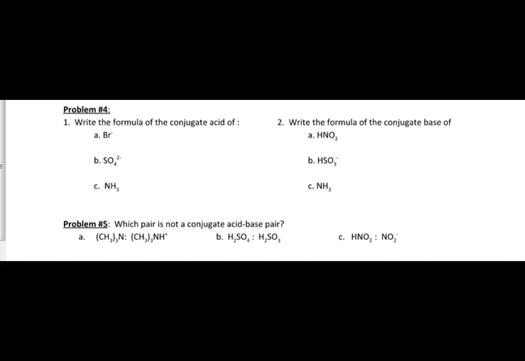So let's look at problem number 4. It says write the formula for the conjugate acid. Remember, in order to be a conjugate acid, you have to have one more proton. So you have Br negative. So I'm going to add a proton onto that, and that makes it become HBr. So SO4 2 negative, sulfate. When I add another hydrogen ion on there, it will become HSO4.